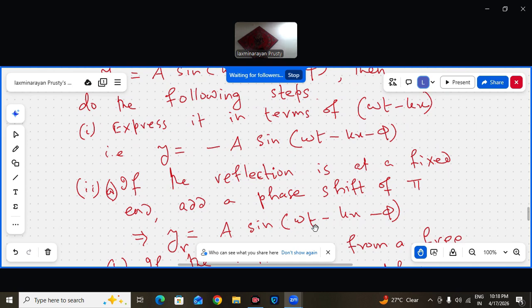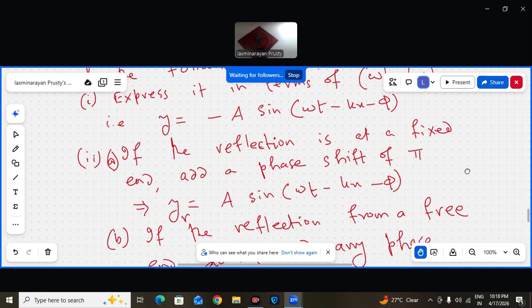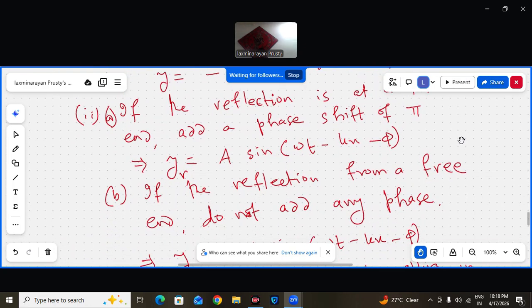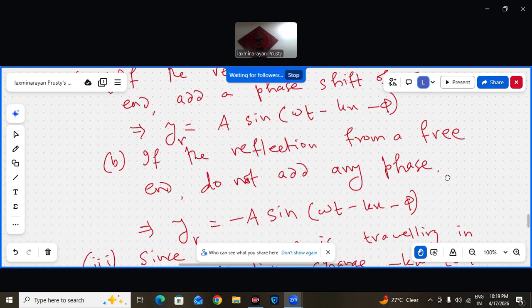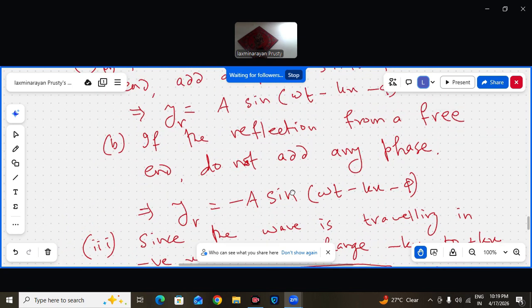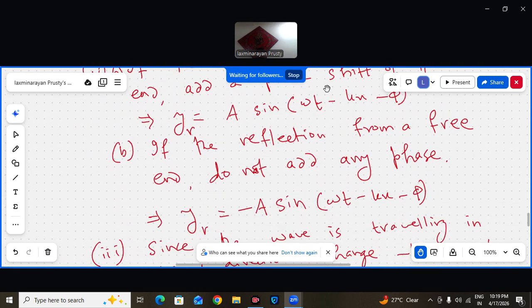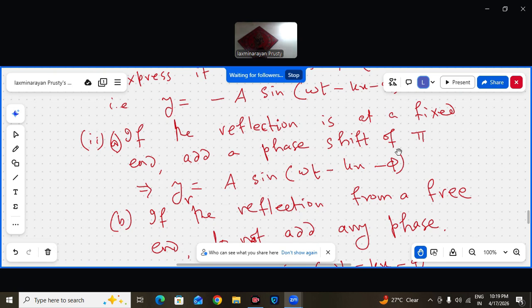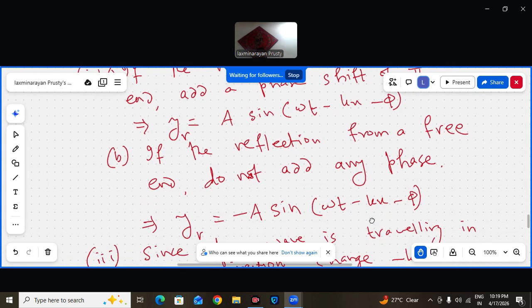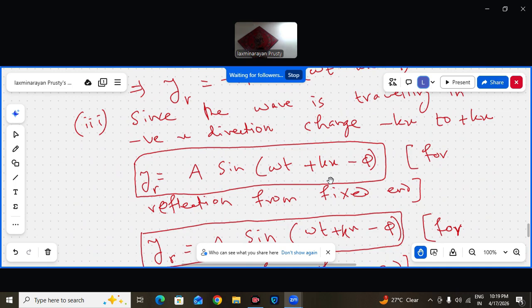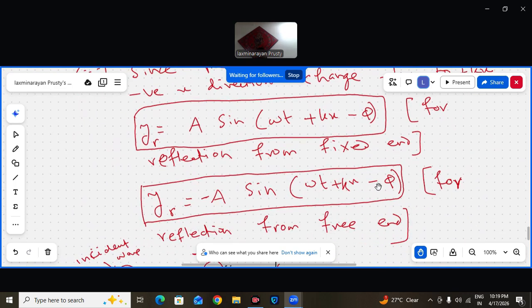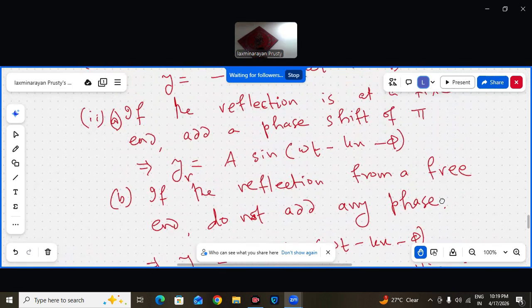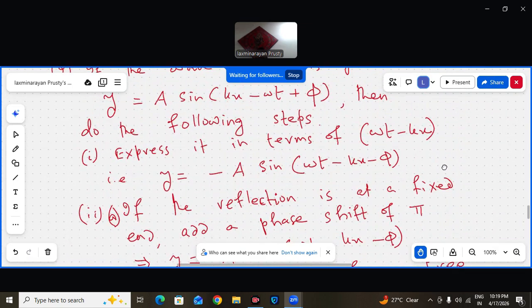At any time at that wall position, they should add up to 0. In the free case, there is no phase change, so that minus remains the same for incident as well as reflected, and minus kx becomes plus kx, with minus phi anyway.